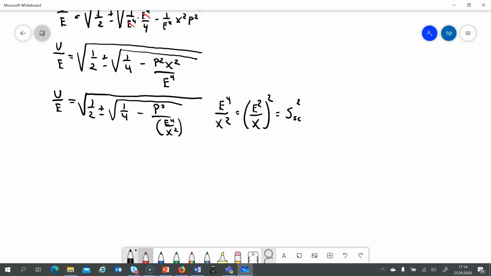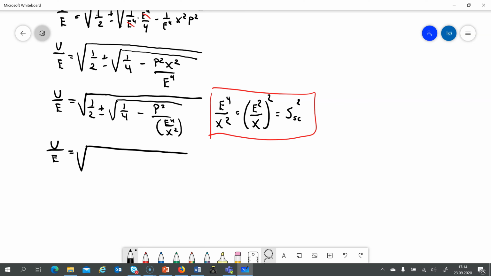This is how we should look for this, and then we can write U divided by E equals half plus minus the square root of 1/4 minus P. It's the typical fashion where we write this nose curve.